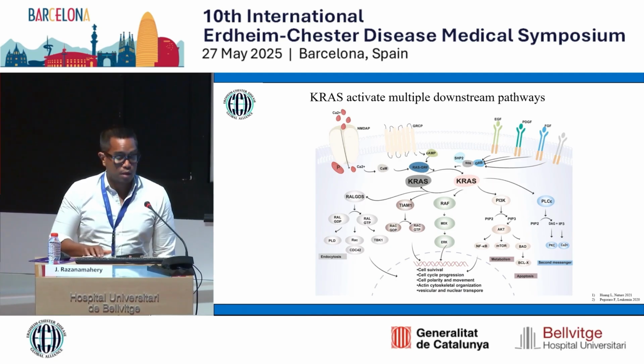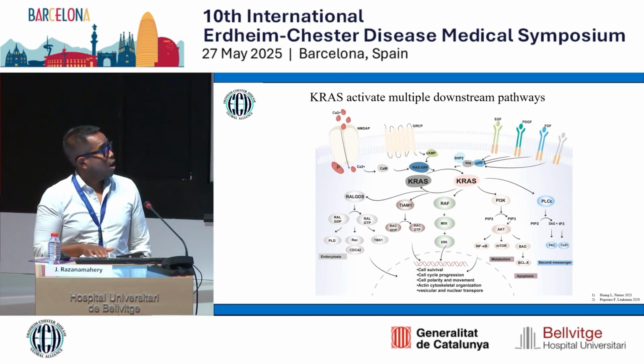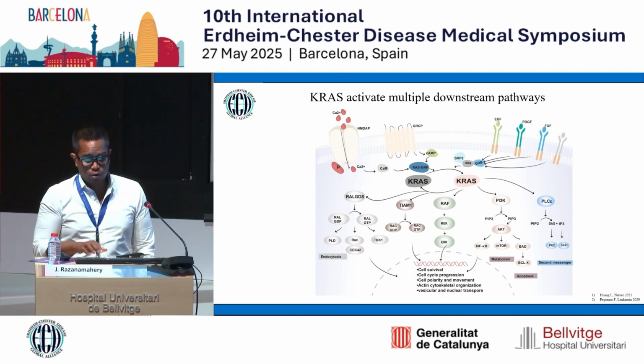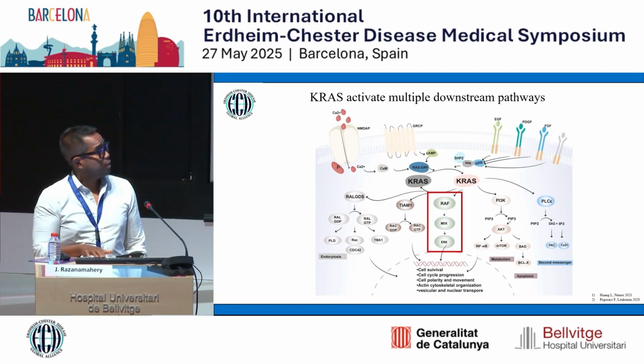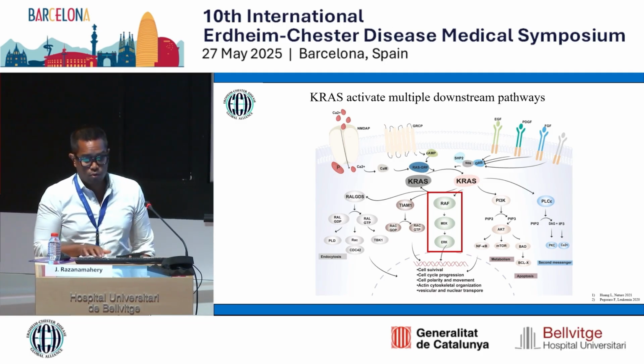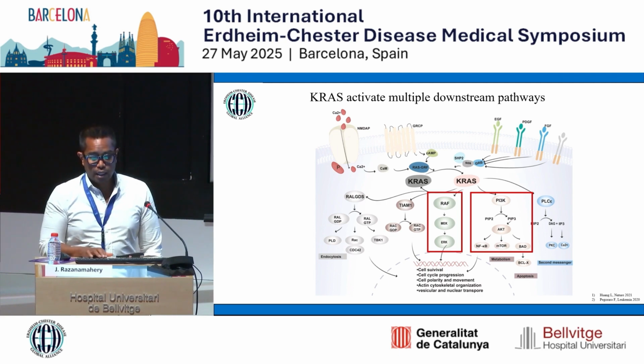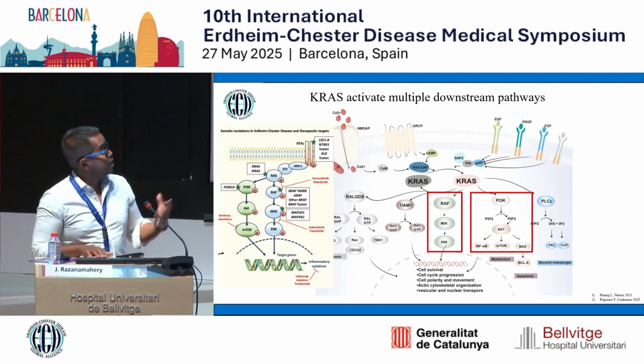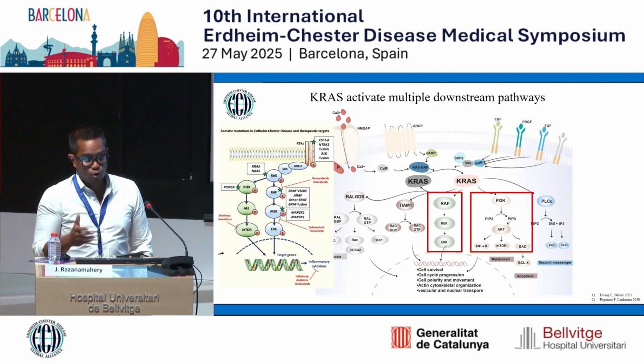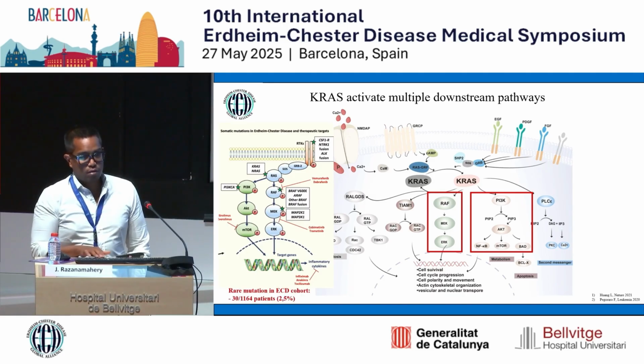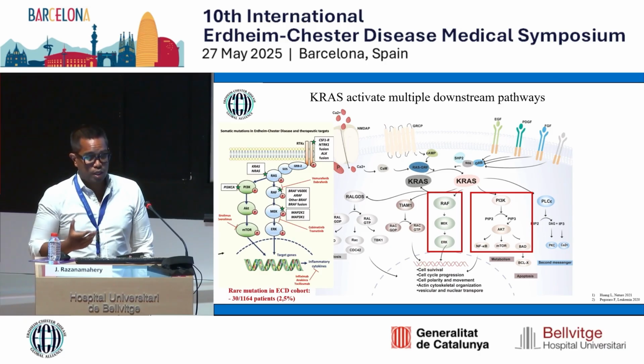And if you look at the KRAS downstream, it's a frequent proto-oncogene. So looking at the downstream, there is the MAP kinase pathway, of course. We have the AKT-mTOR pathway, which can be seen, as we all know, in ECD. But the KRAS mutation, Francesco, look at the cohort, it's really rare.